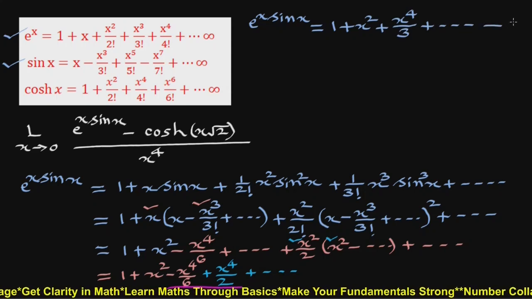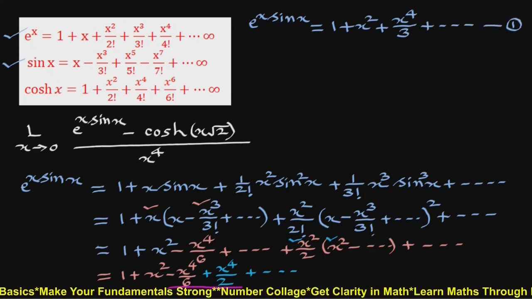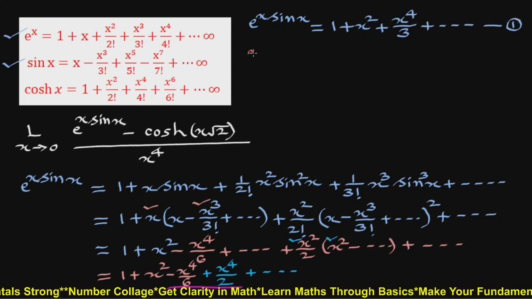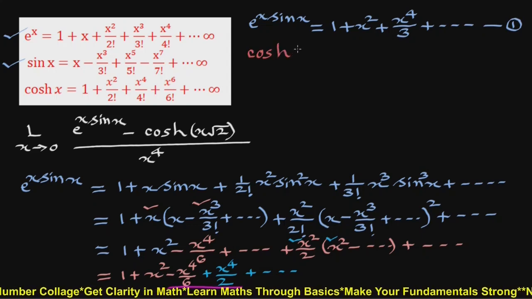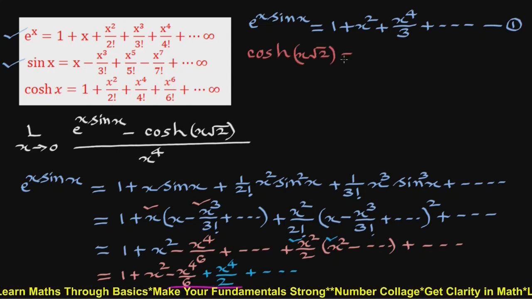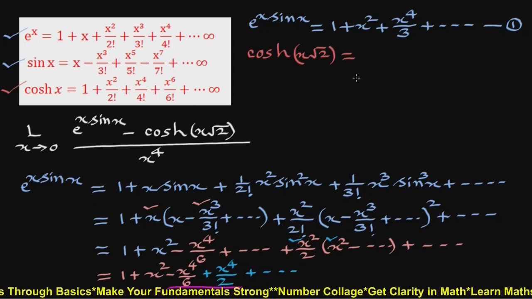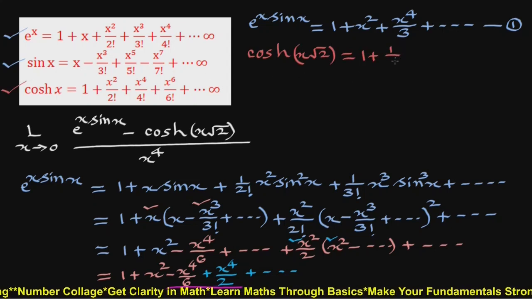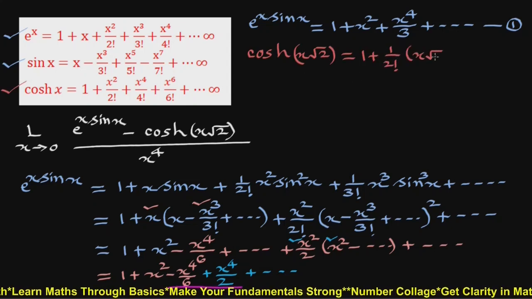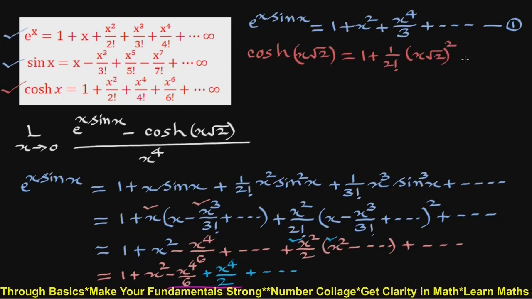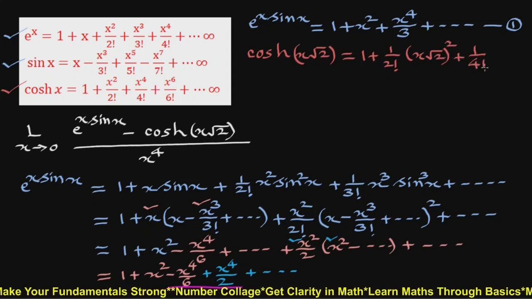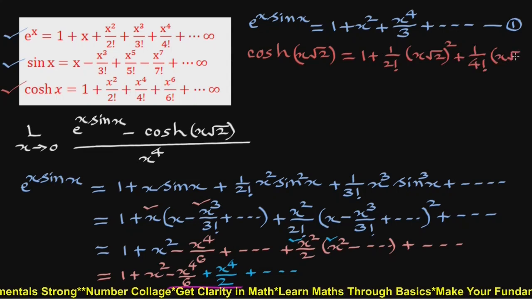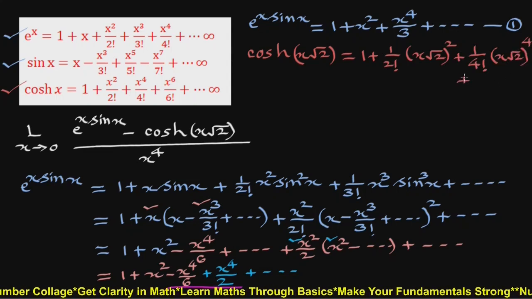We will name this 1. Next we find the expansion of hyperbolic cos x root 2. That will be, according to this expansion, 1 plus 1 upon 2 factorial x root 2 square plus 1 upon 4 factorial x root 2 raised to 4 plus so on and so forth.